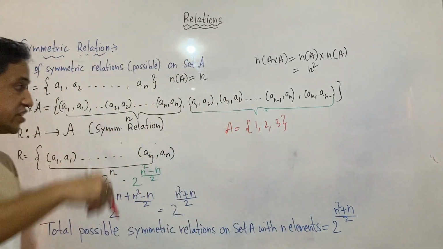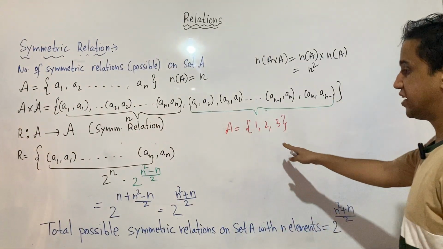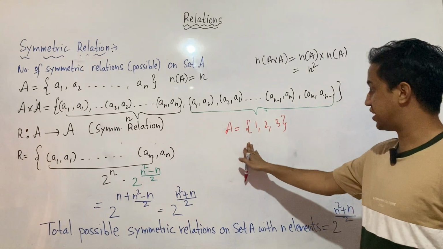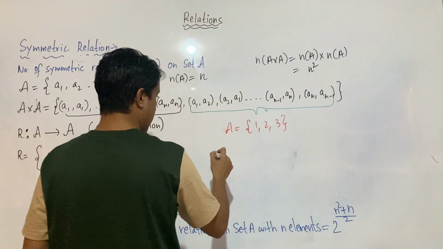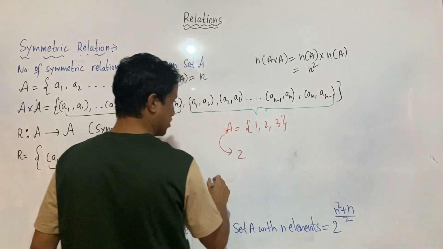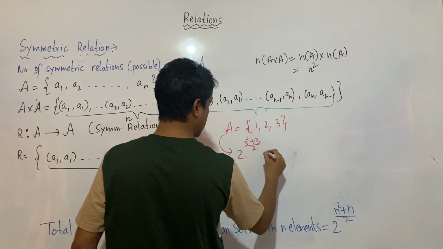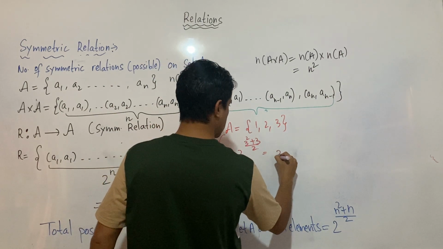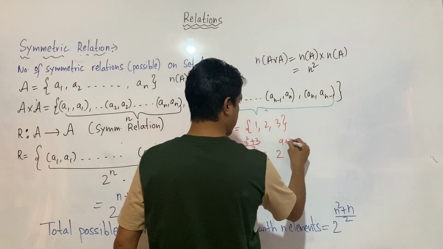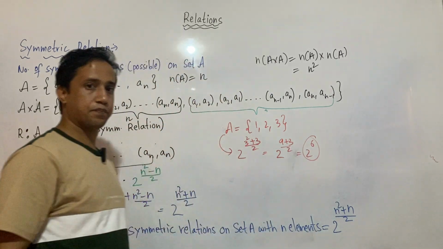Okay, so this is the set A with 3 elements in it. So how many possible symmetric relations can you make on this set? It would be 2 raised to power, how many elements? 3. So (3 square plus 3) by 2, which is equal to 2 raised to power (9 plus 3) by 2, which is 2 raised to power 6.